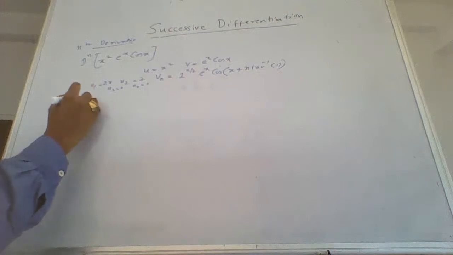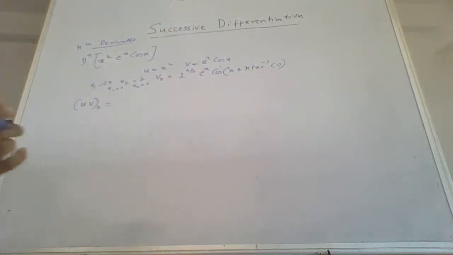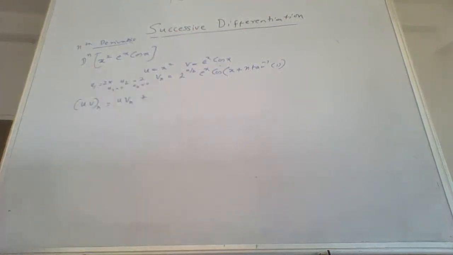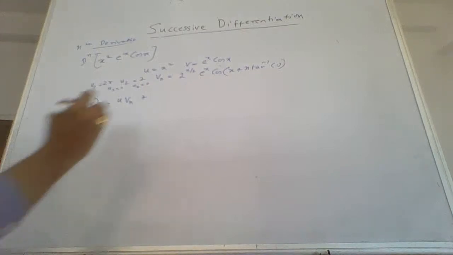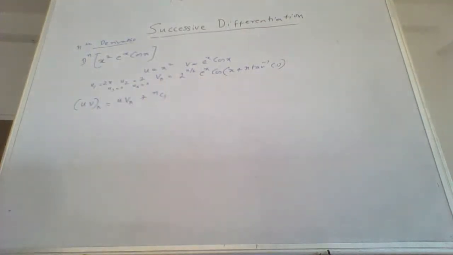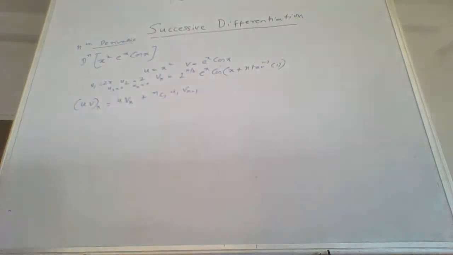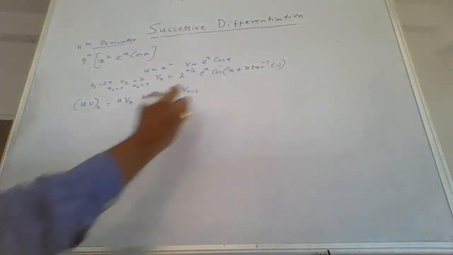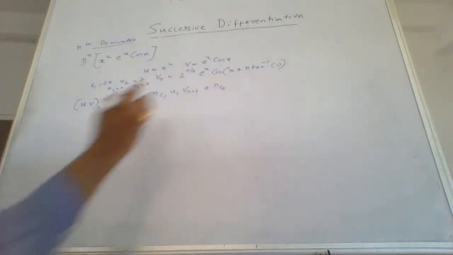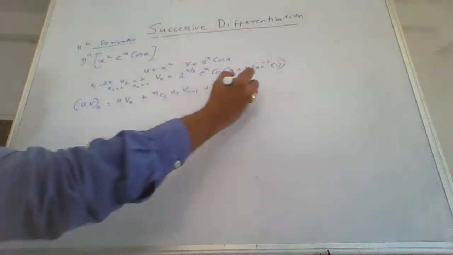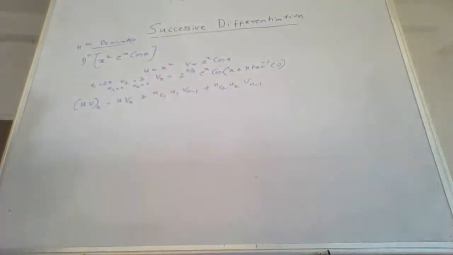Let us try to evaluate this. So u v n will be u vn plus nc1 u1 vn minus 1 plus nc2 u2 vn minus 2.